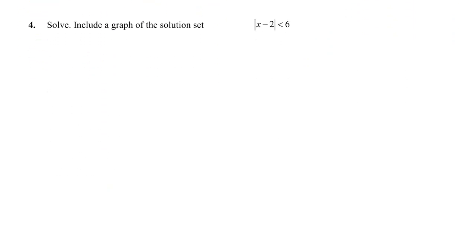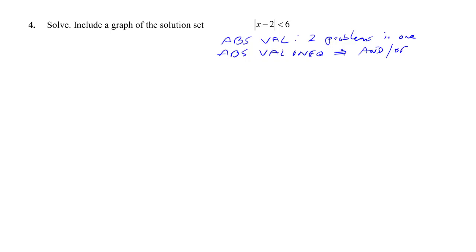An absolute value of x - 2 less than 6. I have an absolute value, which is telling me I have two problems in one. And I have an absolute value inequality, which means I have to think "and" versus "or."